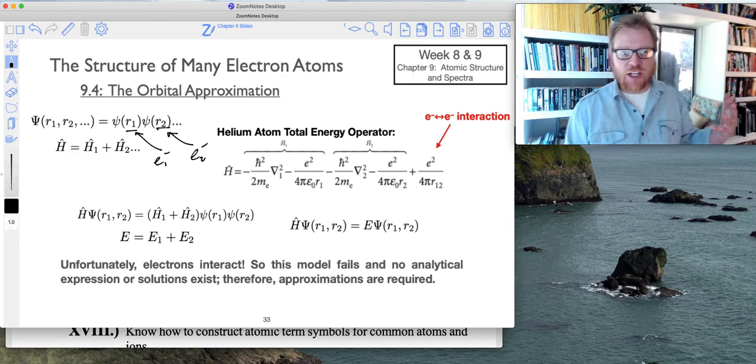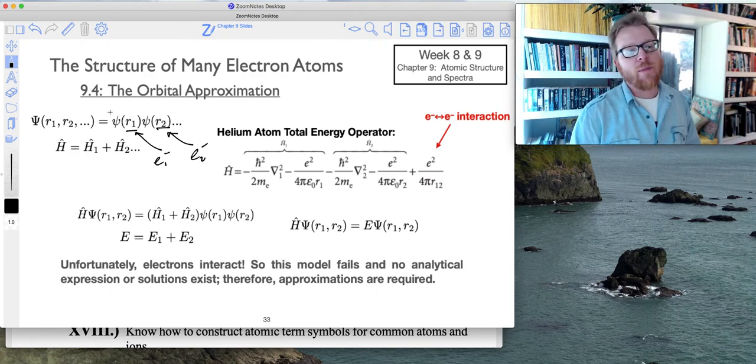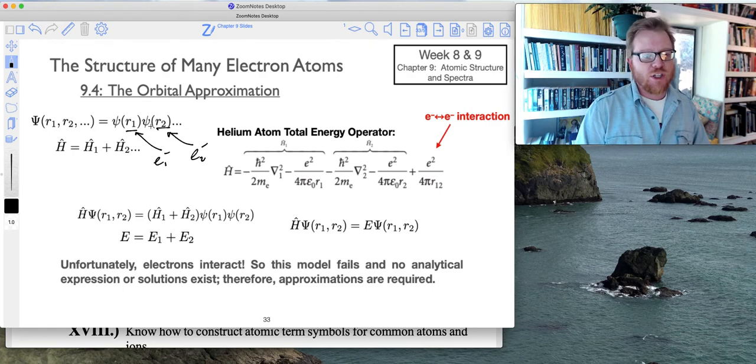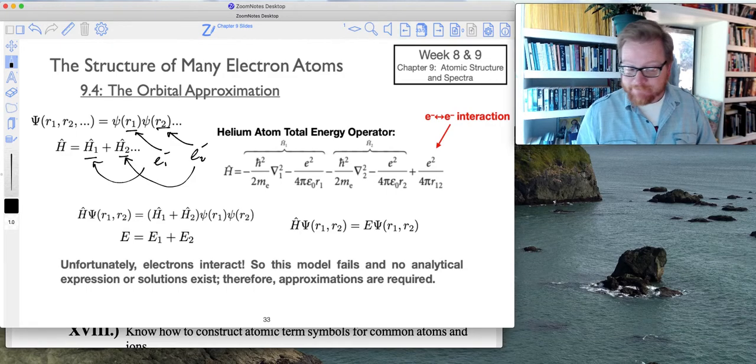And so through our separation of variables, we make a product out of those, which means that our Hamiltonian is going to be a sum: the operator for electron number 1 plus the operator for electron number 2.